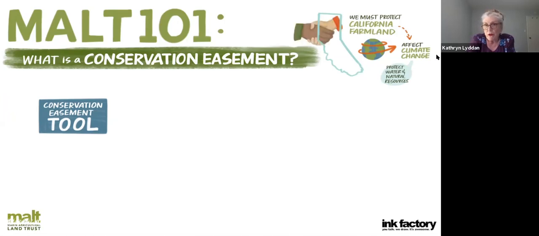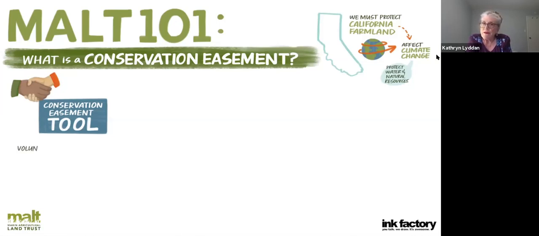And as Brady will explain in more detail, the conservation easement protects natural and agricultural land in perpetuity, so forever, and can't be changed later. So it's a more permanent protection than our federal, state, and local laws.